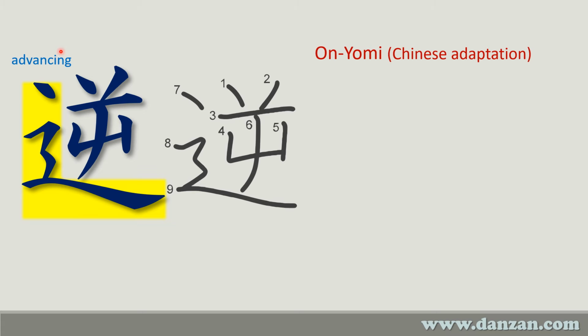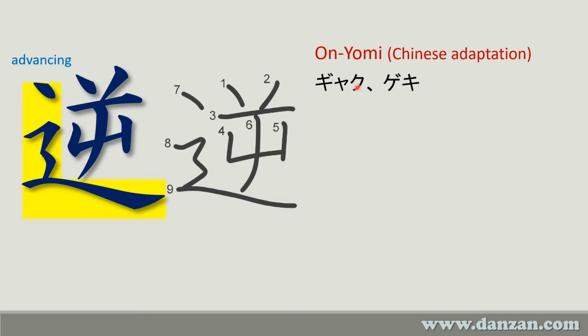The onyomi, the Chinese reading of this, would be, well, this is the katakana for ki, but the two dots there mean to voice this kana. So instead of ki, it would be gi. And then the little ya here means you don't say it gi ya, but you say gya.